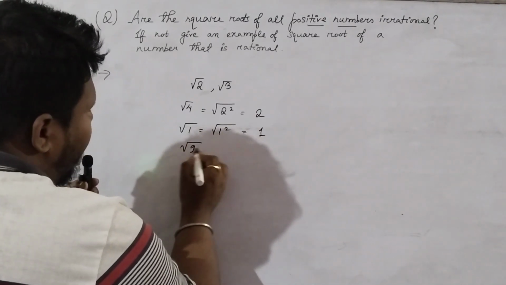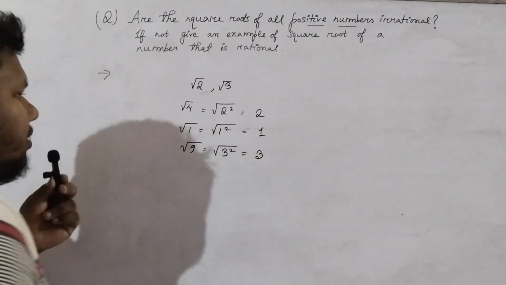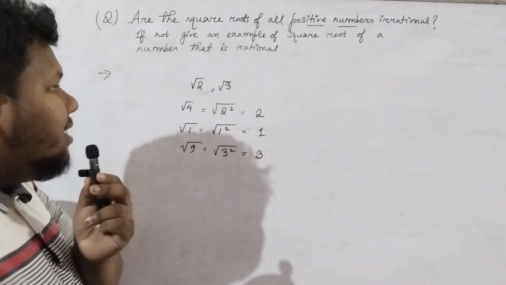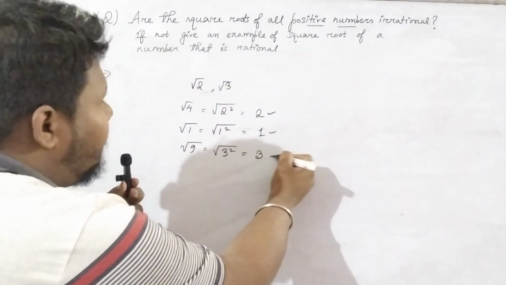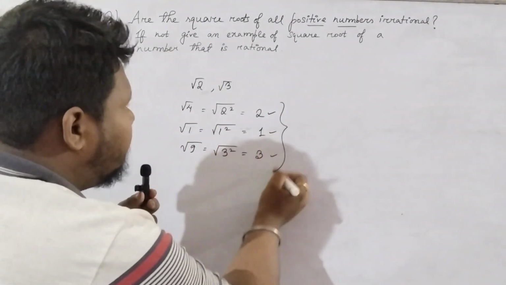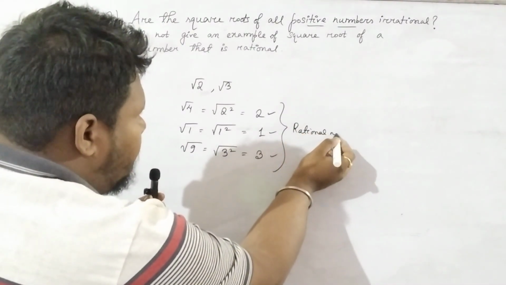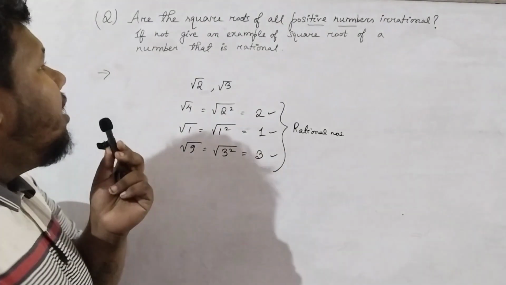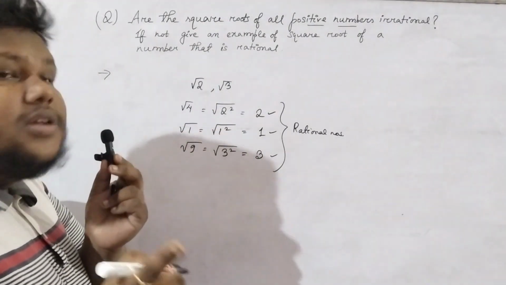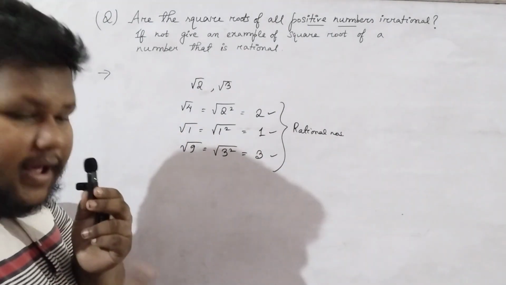If I take root over 9, 9 is 3 square, so I will get 3. So we can see that 2, 1, 3, are they irrational? They are rational numbers, right? So are the square root of all positive numbers irrational? No, right? Now why we have to explain it with an example.